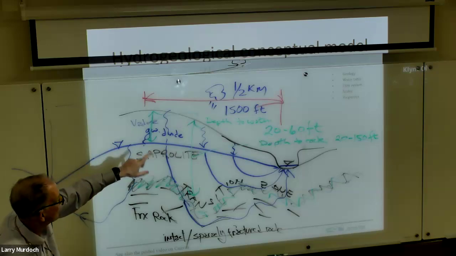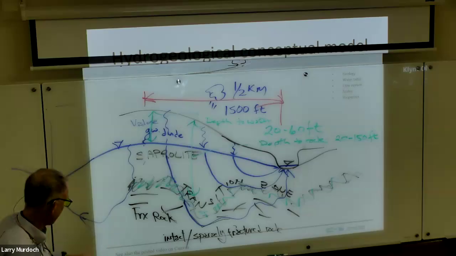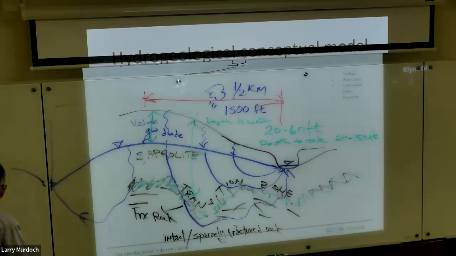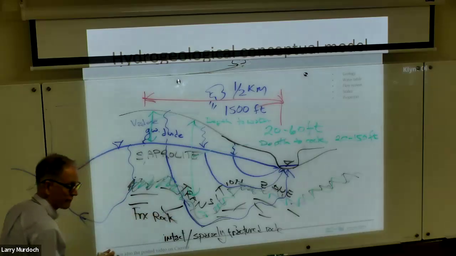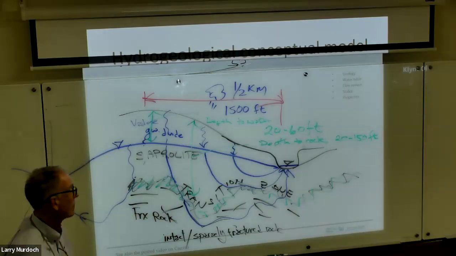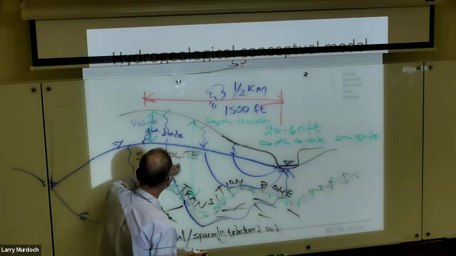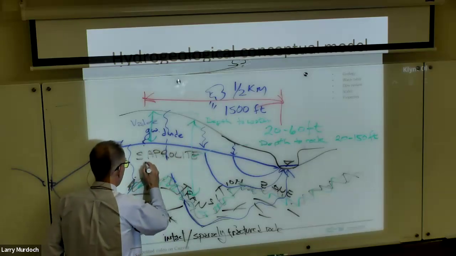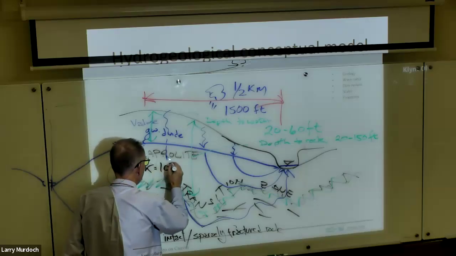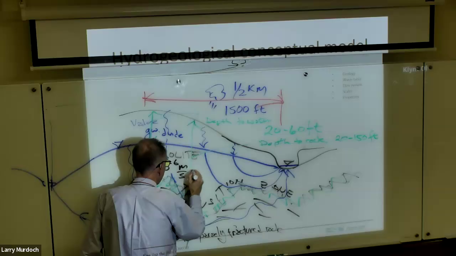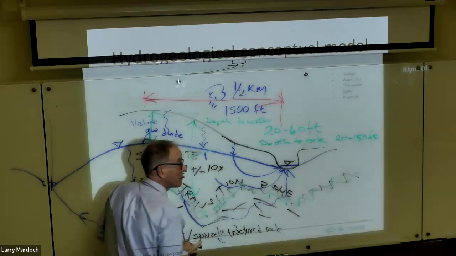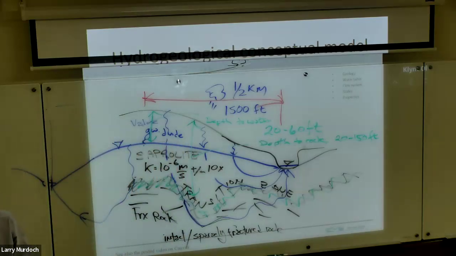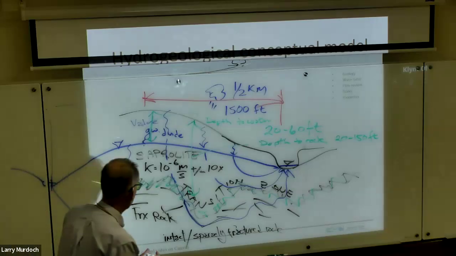So those are some scales, and we need properties. So hydraulic conductivity. What do we have for hydraulic conductivity of saprolite? 10 to the -6. Yeah, so let's say K is 10⁻⁶ meters per second, plus or minus 10 times. Okay, that's pretty reasonable, I think.